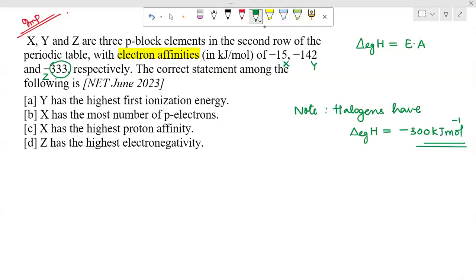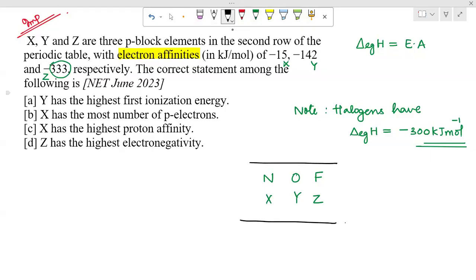So it is said that in the second period, so it should be probably fluorine. So this is Z. Then what do you have over here? You have oxygen, nitrogen, carbon. And electron affinities are given. So let's say this is X and this is Y. You can take any value. Let's assume. Okay. So we have already assigned this.